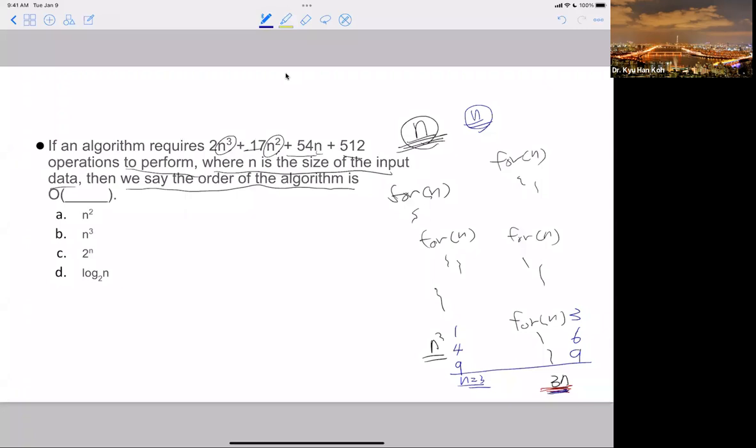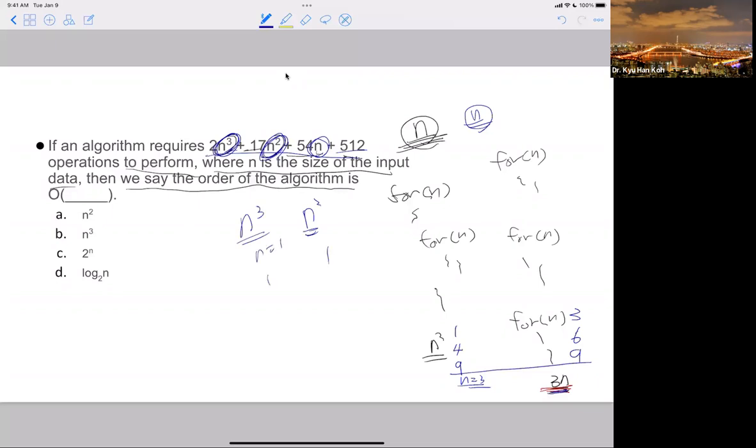So that's why when we have these operations, we concern about the higher order. Higher order means like n cube. N cube is higher order than n square. N square is higher order than n. And also we just don't care about the constant. You might think, why? I mean, n square can be a pretty good deal. But when you compare n square and n cube, if n is 1, then that will be the same, right?